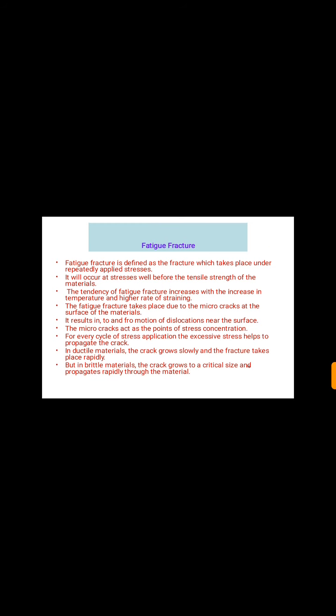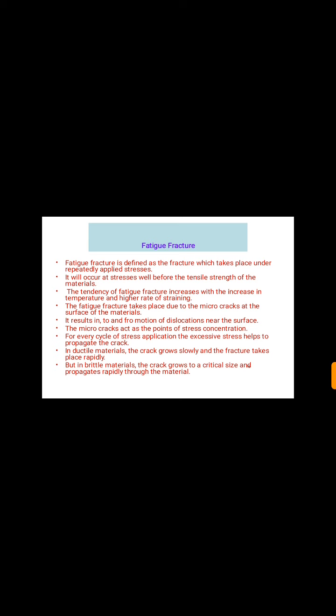Fatigue means, if you do something repeatedly, the material gets fatigued. For example, in two-wheelers, the engine piston repeatedly moves up and down, so it may fatigue at some point, and at that point the fracture may occur. That type of fracture we call a fatigue fracture.